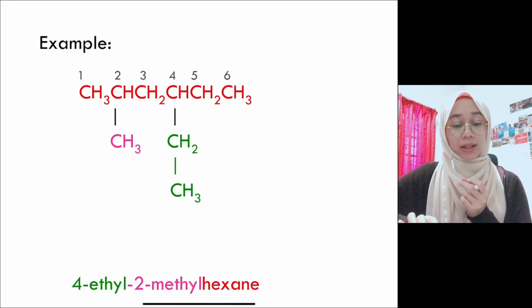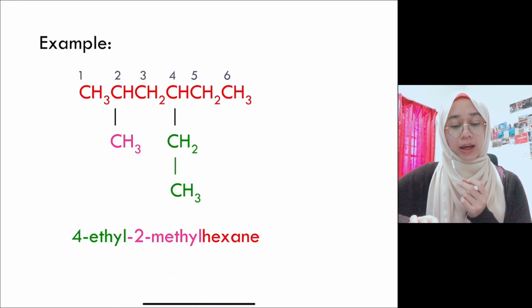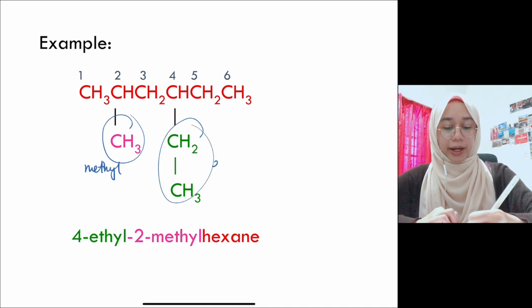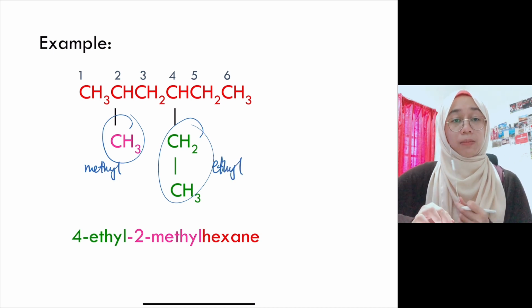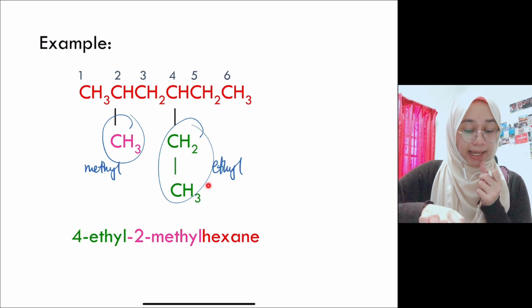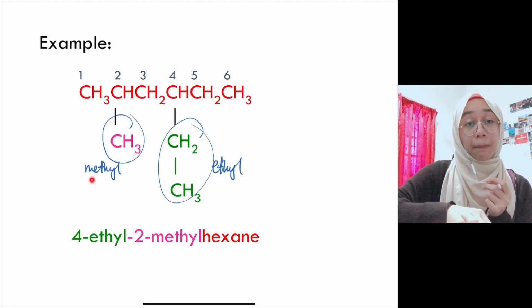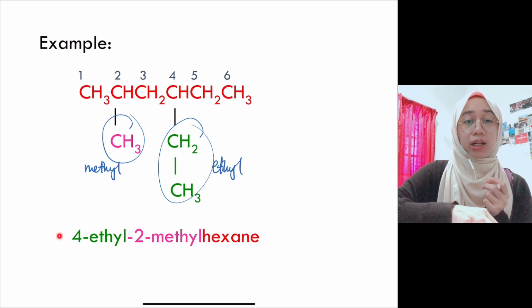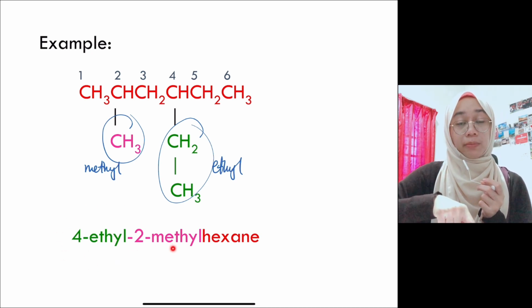Okay, so for example, this one here, you have your methyl here at position number 2, and then you have your ethyl here at position number 4. But in the name, ethyl and methyl, E comes first before M. So that is why the ethyl is at the very front, and then followed by methyl.